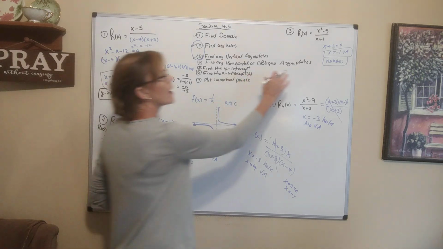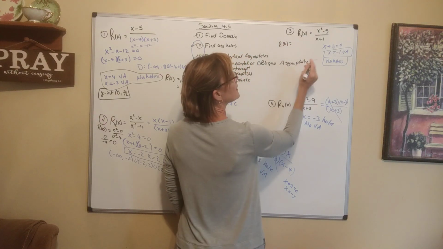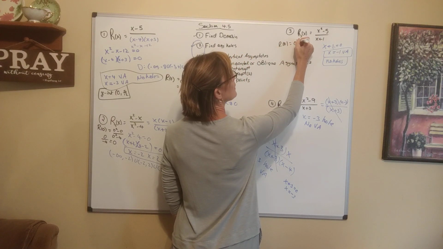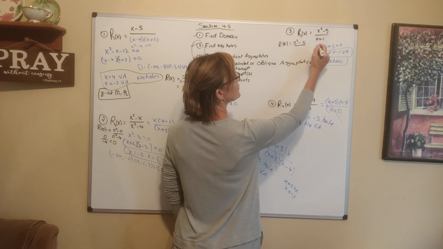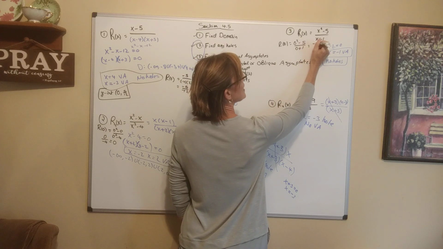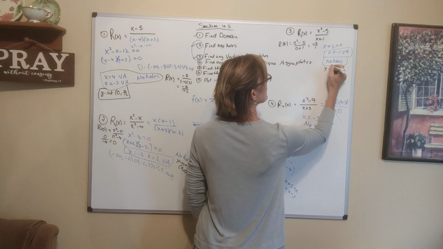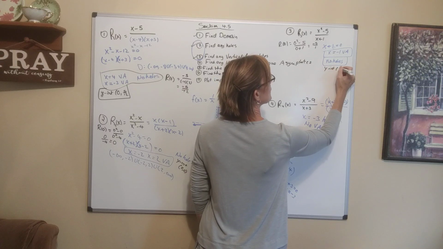All right, the y-intercept here, find out what r of 0 is. That's going to be 0 squared minus 5 over 0 plus 1. 0 squared minus 5 is negative 5. 0 plus 1 is 1. The y-intercept here is when x is 0, y is negative 5.